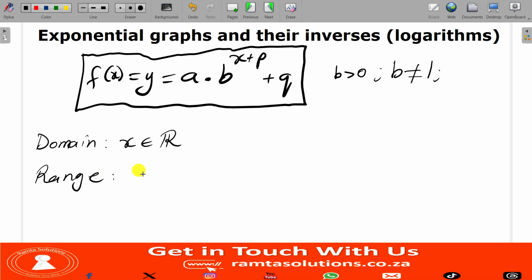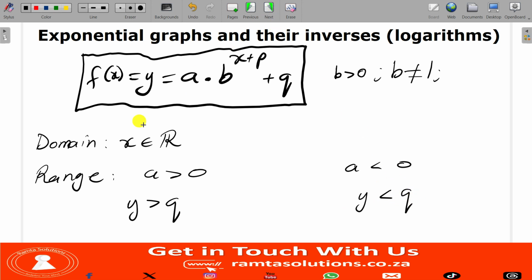Its range will depend on the value of a. If a is positive, the range is y greater than q, the value of q, the vertical shift, sorry, not the horizontal, the vertical shift. And when a is negative, the y values will be less than the value of q.